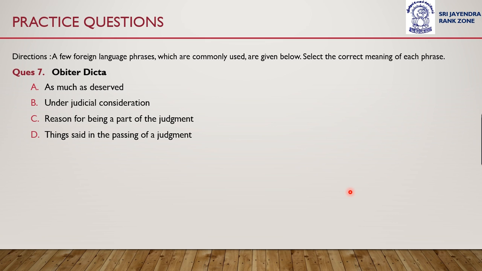Next question is question number 7. Obiter dicta. What does obiter dicta mean? Option A, as much as deserved. Option B, under judicial consideration. Option C, reason for being a part of the judgment. Or option D, things said in the passing of a judgment.